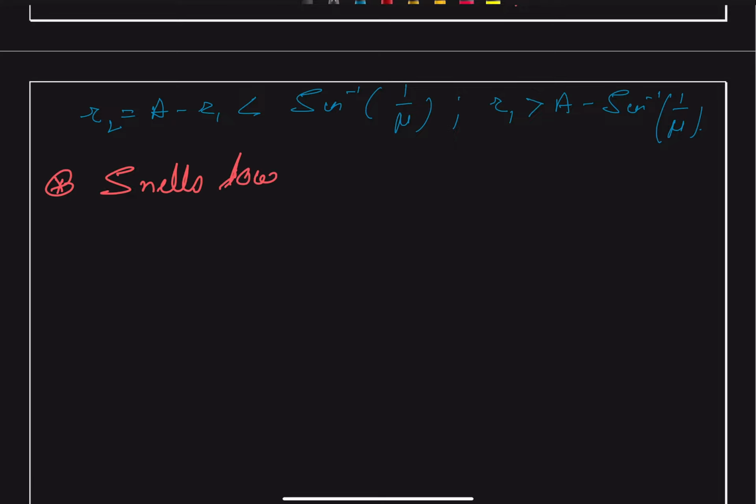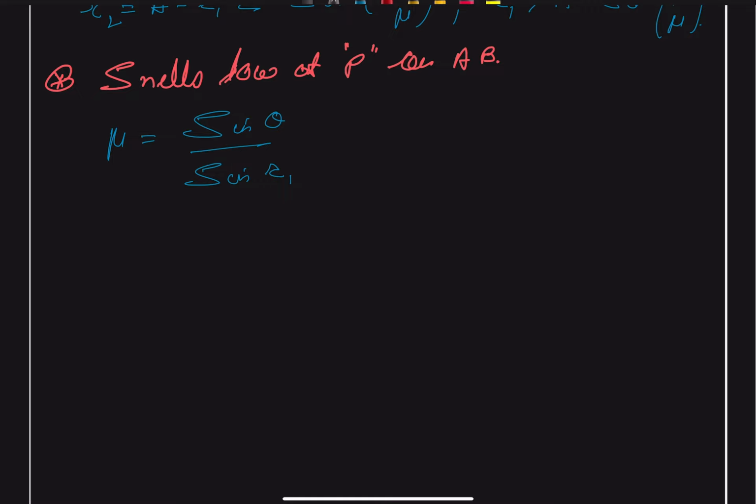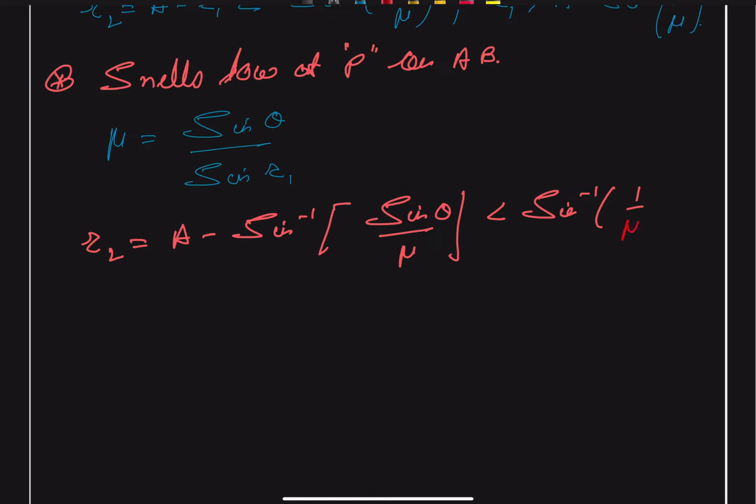Snell's law at P on face AB gives mu equal to sine of theta divided by sine of R1. Therefore, manipulating the angles, we can write R2 equal to A minus sine inverse of sine of theta divided by mu, which should be less than sine inverse 1 upon mu.